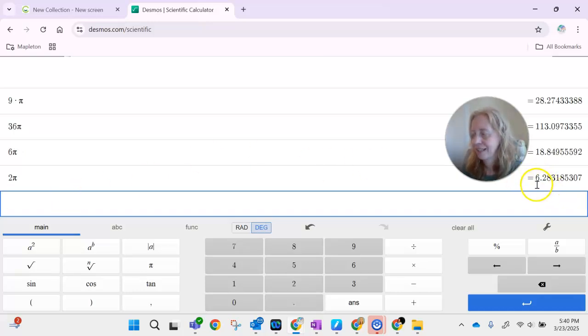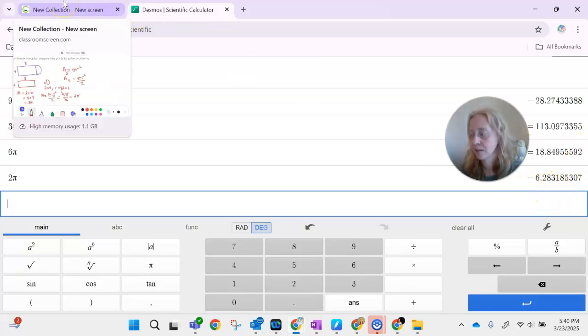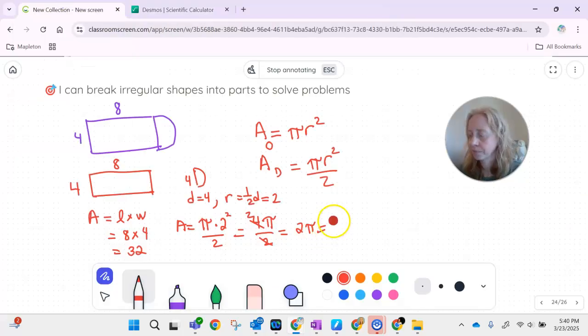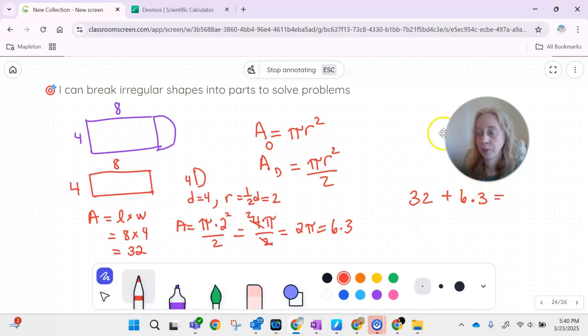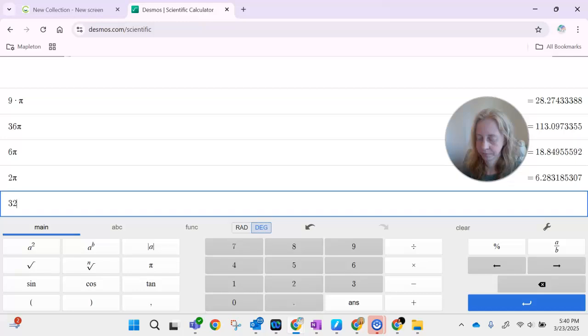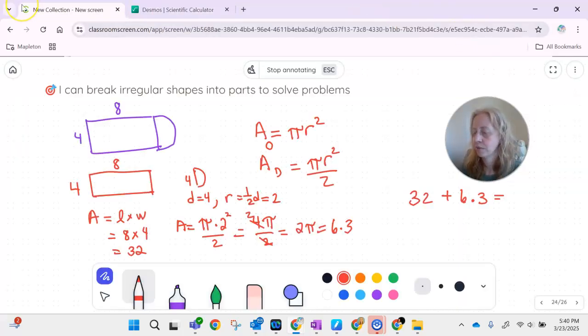So we have an answer here of 6.3. We're going to do this to the nearest tenth. So 6.3 is the semicircle. Now the last step is to take my rectangle, which is 32, plus my semicircle, which is 6.3. I can put that in my calculator, which is 38.3.